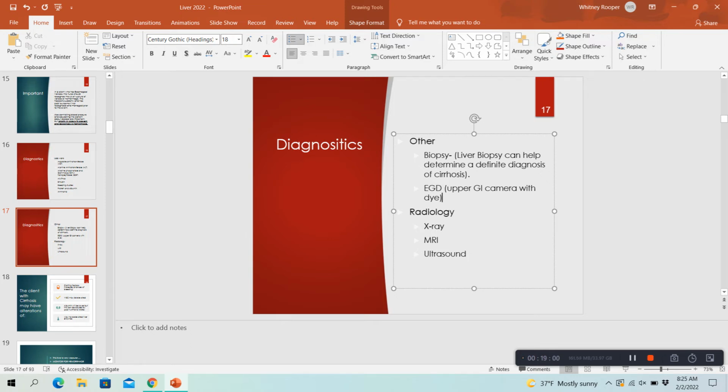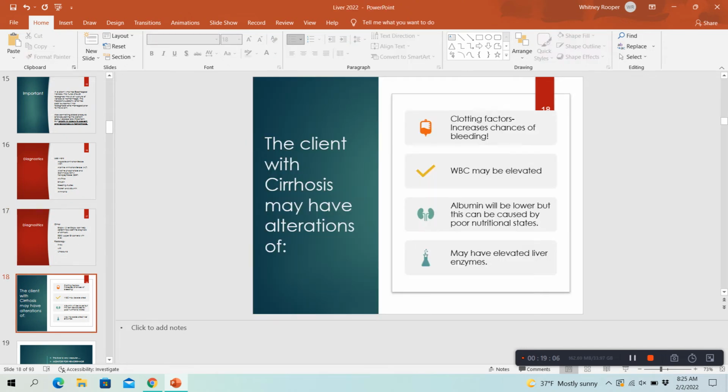Again, I'm going to stress that they will have alterations in clotting factors. They have an increased risk for bleeding. White blood count may be elevated, could be due to the ascites, the peritonitis, the fluid that's inside.